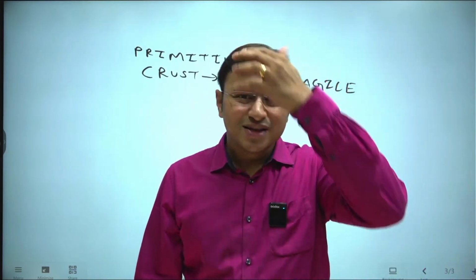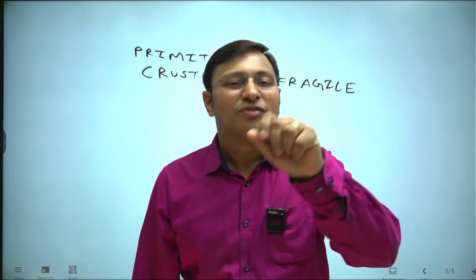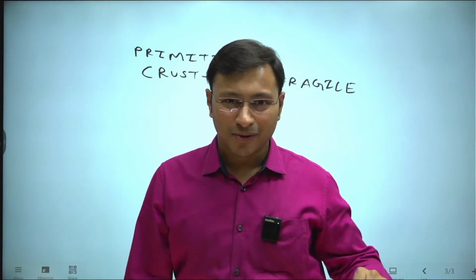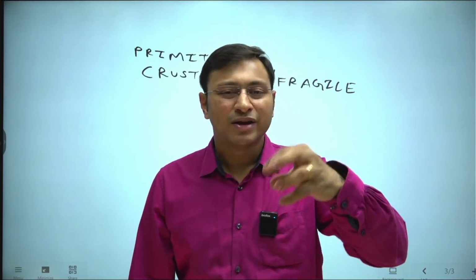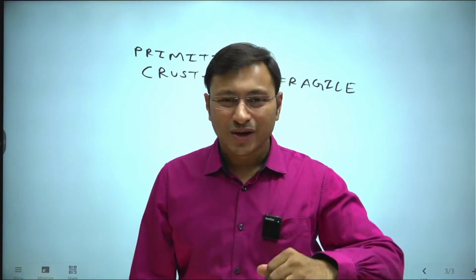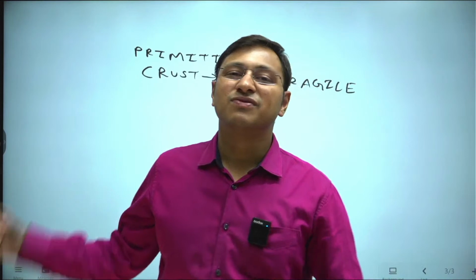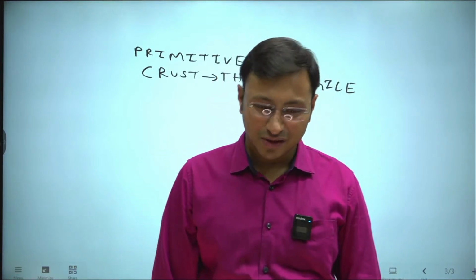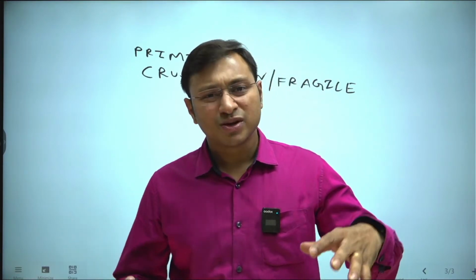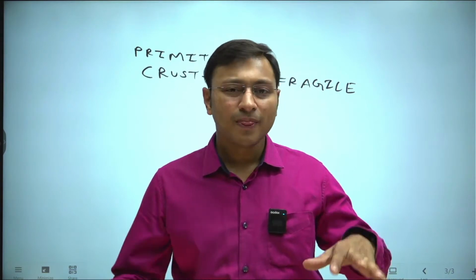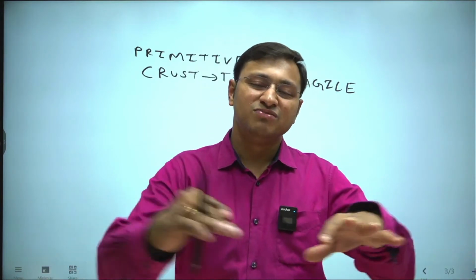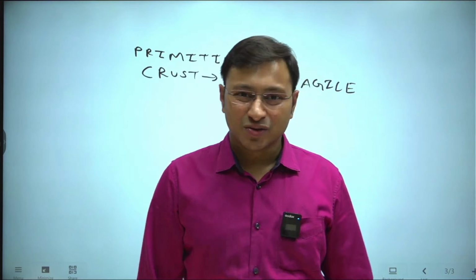You can equate this with the layer of cream which comes atop when you have a boiling pot of milk which is cooling. The very thin layer of cream which comes atop is the first primitive crust of the Earth. And this primitive crust will form the first big supercontinent called Rodinia.